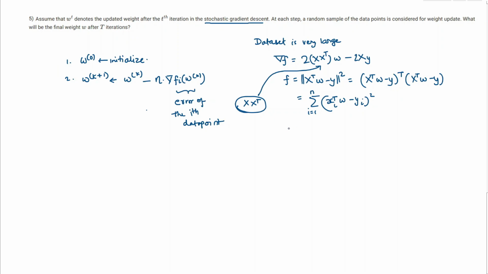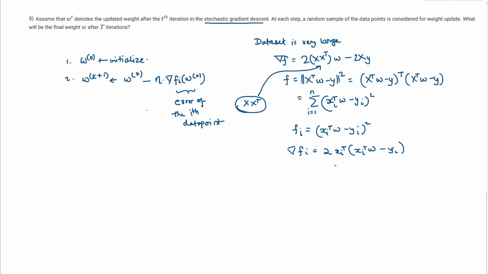And the ith error, f_i, would have no sum, it will just be (x_i transpose w minus y_i) whole squared, and therefore the gradient of this would be equal to 2 times x_i times (x_i transpose w minus y_i), right?